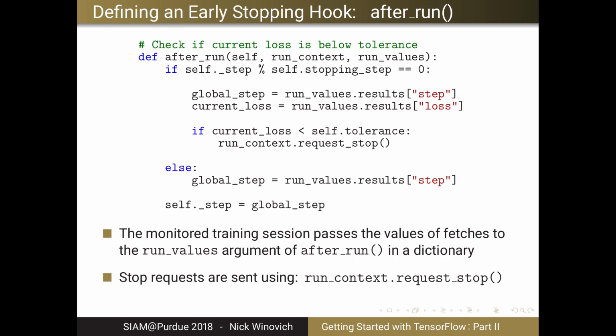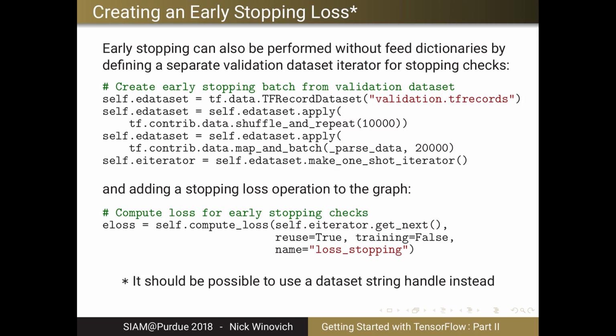One way of doing this without a feed dictionary, so you can use a feed dictionary and that implementation will work with it, but one way to do it without one is to just define a separate early stopping loss. In this case, I've taken the validation set and I'm going to batch it into size of 20,000. Typically when you check for early stopping, you want to take a very large number of your validation set and see if it's performing well, basically on the whole set, if you can fit that into memory.